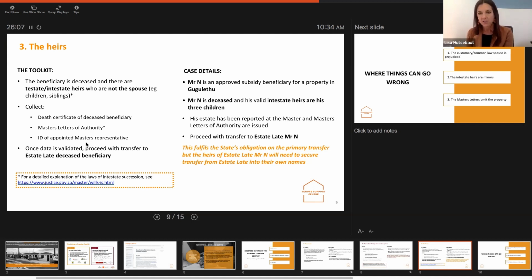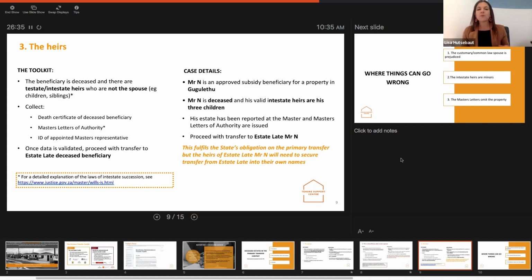And when he then passed away, of course, his children are the intestate heirs, and they would have been able to secure title to themselves by virtue of the fact that he owned a property. It was his property, it was in his name, and they are the heirs. The fact that that primary transfer didn't happen shouldn't penalize those heirs. So those heirs should be allowed to secure the same rights that they would have had there not been a backlog with the primary transfer.